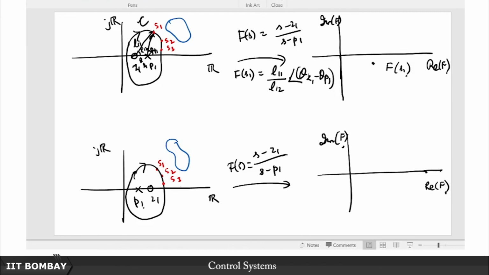So Fs2 is going to be, let us say, L21 upon L22 with an angle theta Z2 minus theta P2. So again this theta Z2 minus theta P2 is going to be still a negative angle, but what is its direction of rotation going to be? Is it going to increase from this or decrease from this?